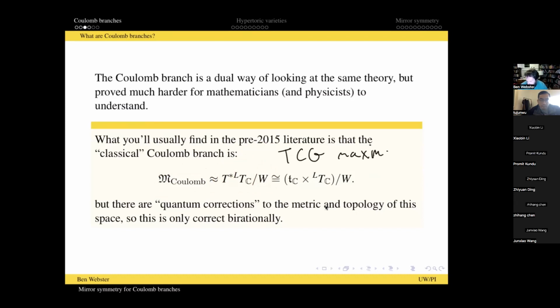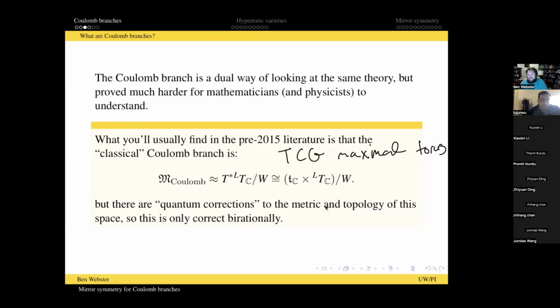I'll just remind you, G is compact, so this is an actual product of S^1s. I complexify it, I take its Langlands dual, and I take the cotangent bundle of that. Of course, that's the same as taking the Langlands dual of the complexified torus, and then the cotangent bundle is trivial. So it's actually just the product with the complexification of the Lie algebra of the torus, and I mod out by the bottom.